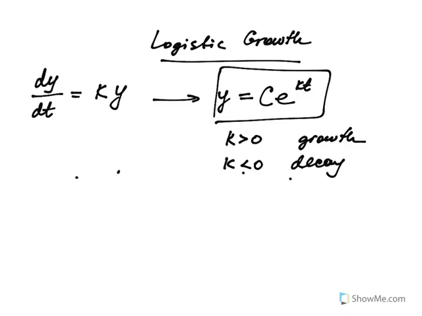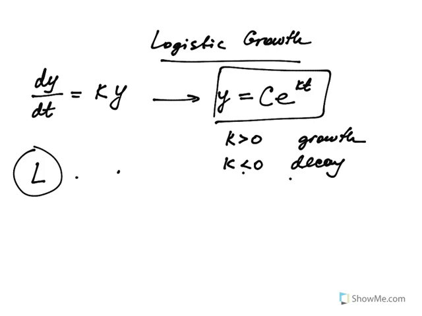Now, for this situation, growth is unlimited, right? However, in real populations, growth is not always unlimited, but may have an upper limit, so let's call it L, where population can no longer be sustained as time increases.